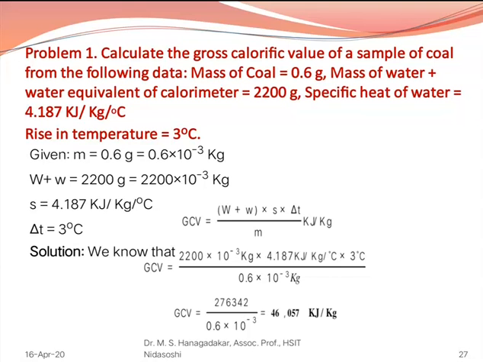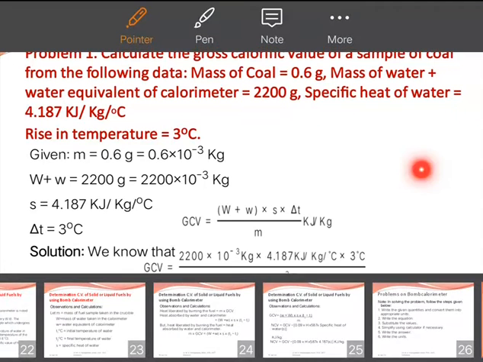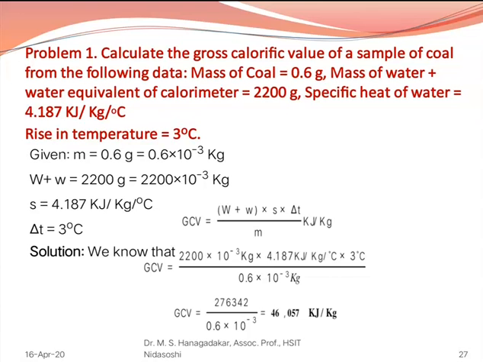After simplification, GCV value becomes 46,057 kilojoules per kg.